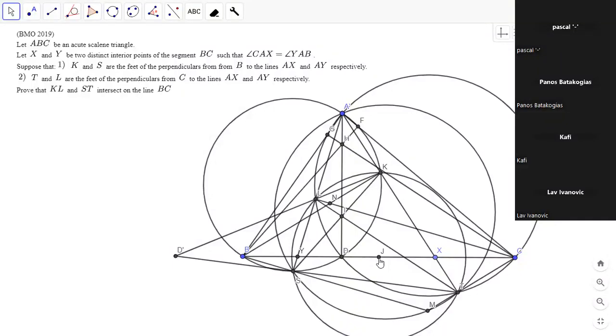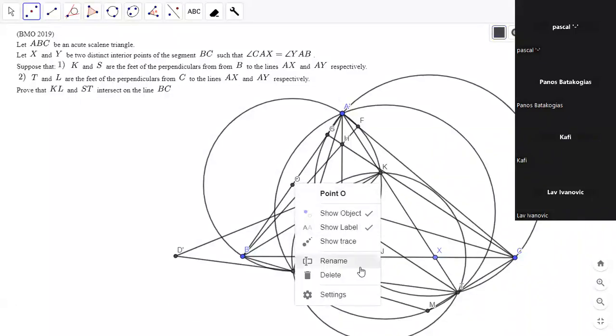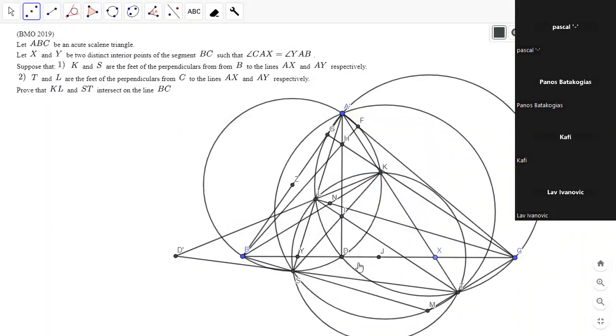Okay. So let's say the midpoint of AB is Z. Then you have that JZ is parallel to AC, and that is perpendicular to SK.